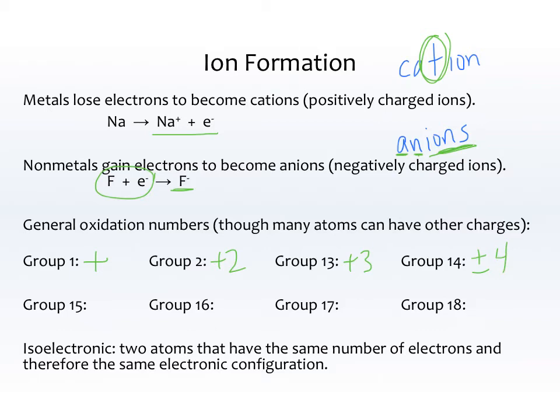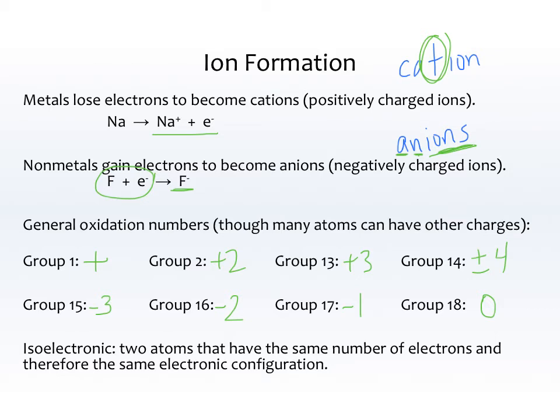Group 15, it would take less energy to gain 3 than lose 5, so gaining 3 is a -3. Group 16 would prefer to gain 2 because it requires less energy than losing 6. Group 17 would prefer to gain 1 because it requires less energy than losing 7. And then group 18 tend to be inert. Some of the larger noble gases will form compounds, but most won't.